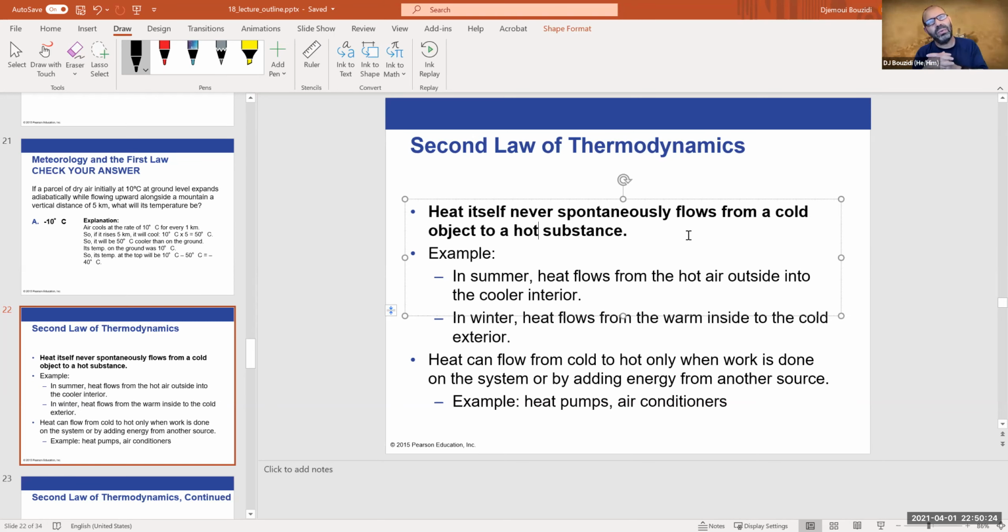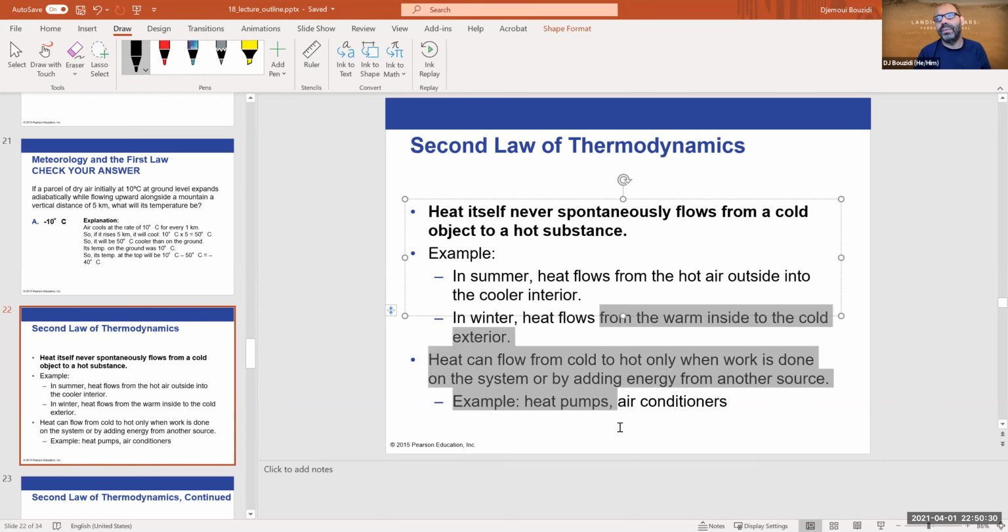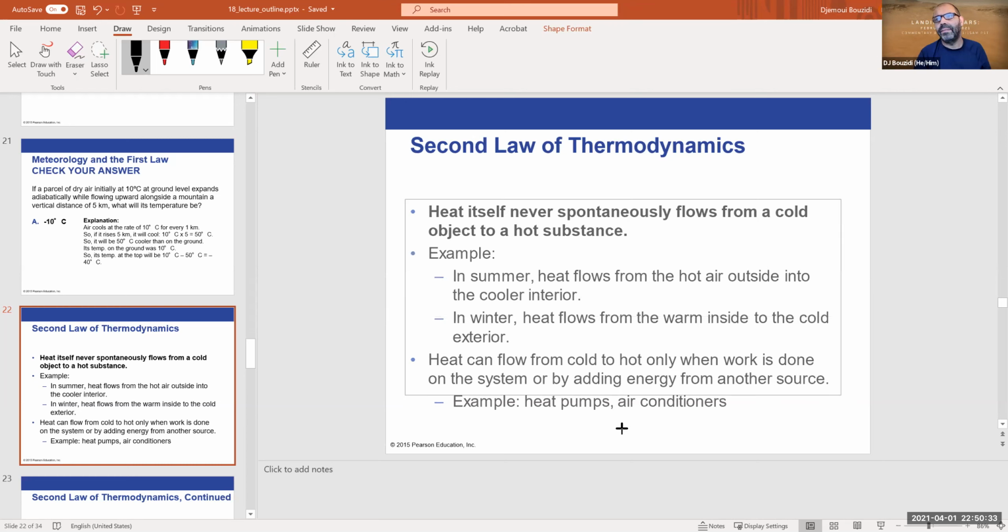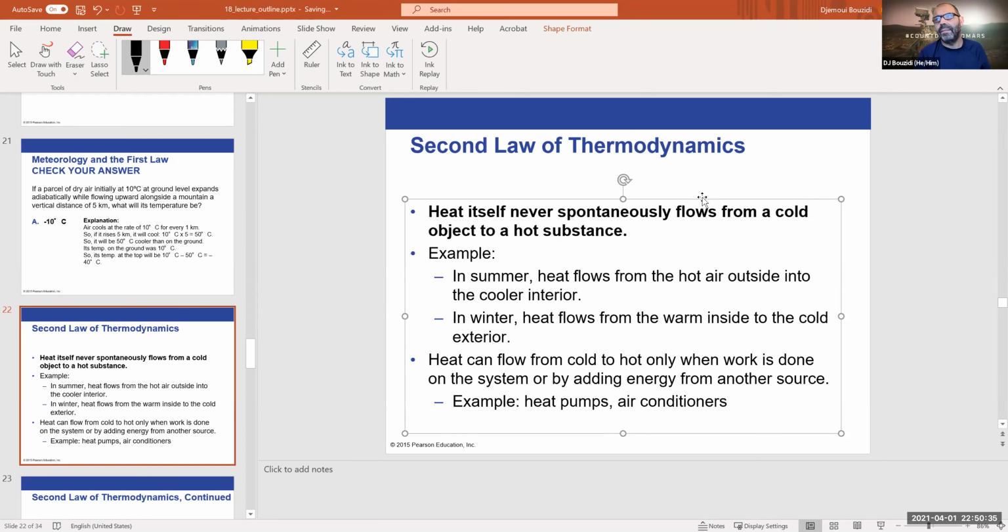So the refrigerator works backward to this process. And why? Because it's not a spontaneous thing. It does not go on its own. It requires work. The key word here is spontaneously, by itself, basically.